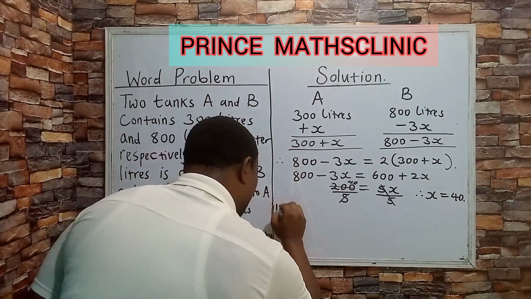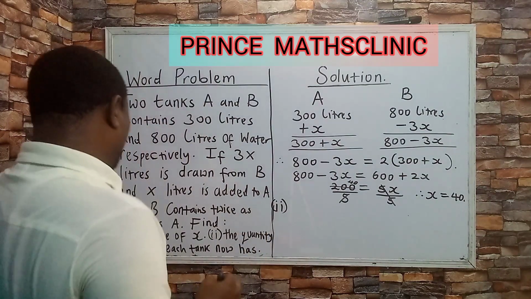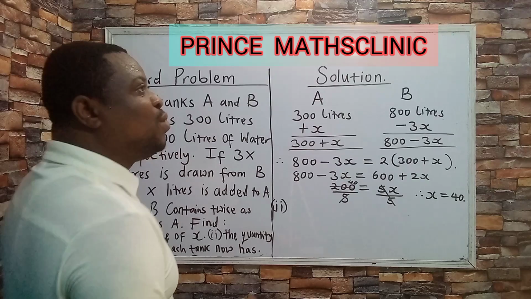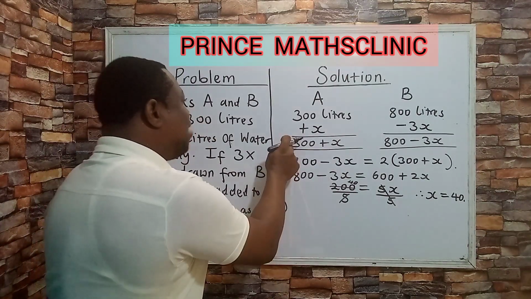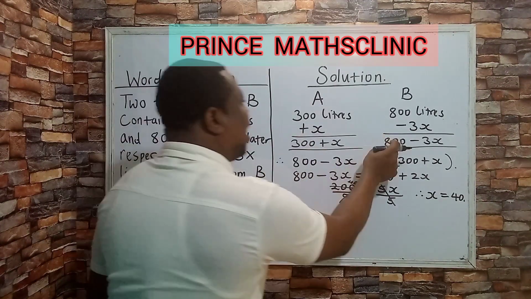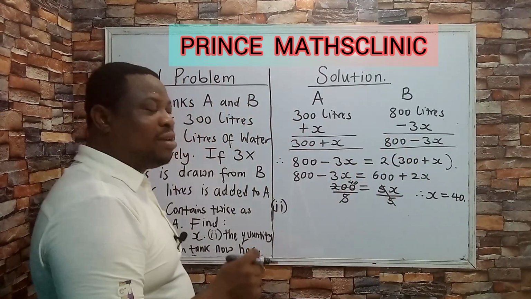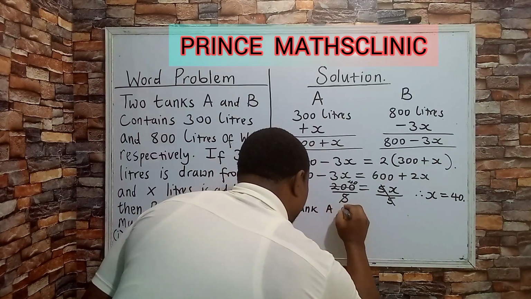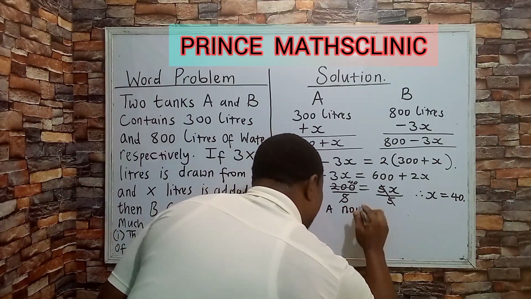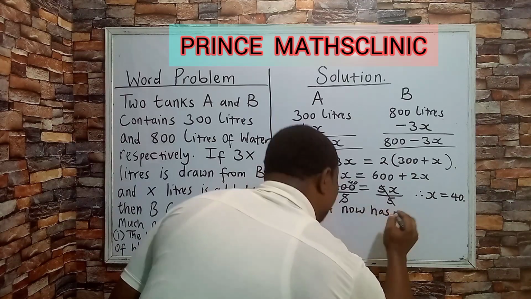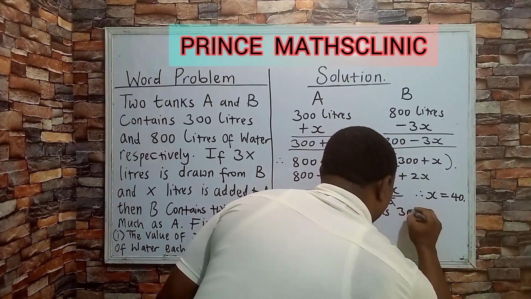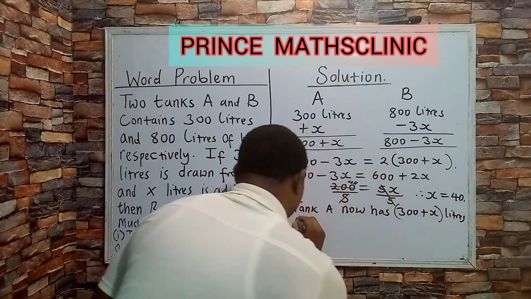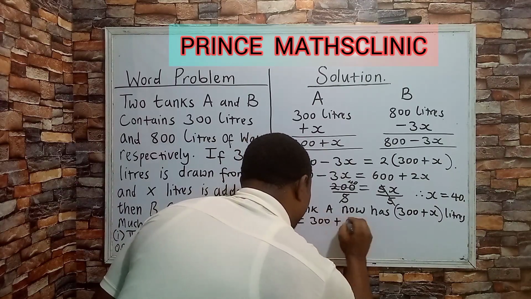Good. Then the next question says, find the value of x, which we have done. The second question now says we should find the quantity of water each tank now has. Mind you, in each of these tanks now, I now have 300 plus x in tank A and 800 minus 3x in tank B. So I would say tank A now has 300 plus x liters, which is equals to 300 plus 40.